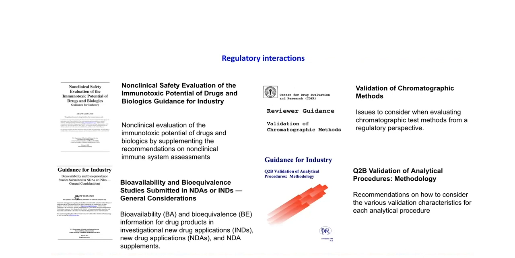Probably all of them are familiar to you, but just in case, I think that this is a good summary to work with. Regarding the chromatographic method, I think that this guidance for validation of chromatographic methods is so good, but not only for chromatographic methods.